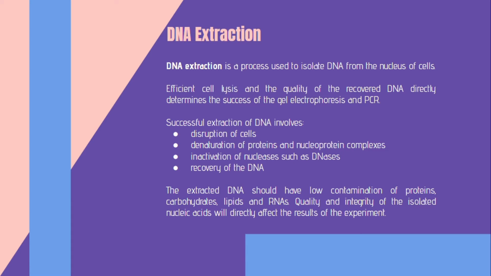So, to have a successful extraction of DNA, a few processes are involved, such as the disruption of cells, the denaturation of protein and nucleoprotein complexes, the inactivation of nucleases such as DNases, and also the recovery of the DNA.